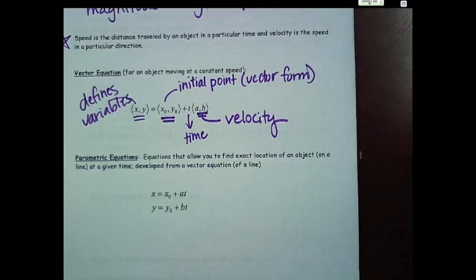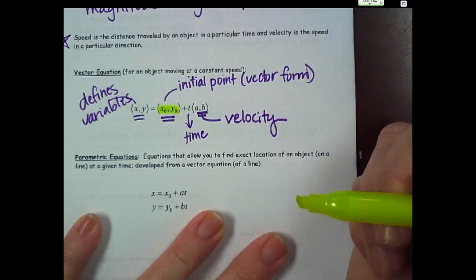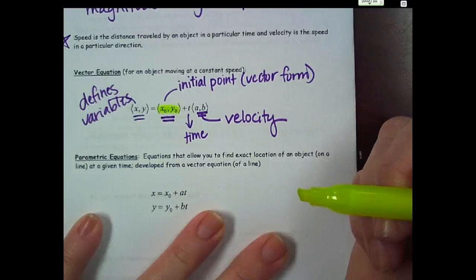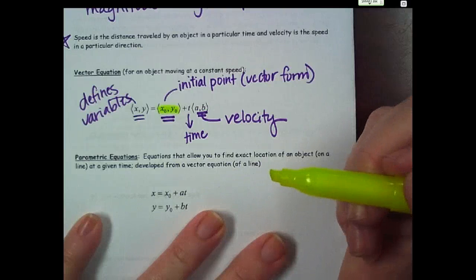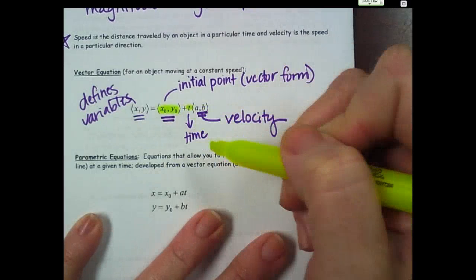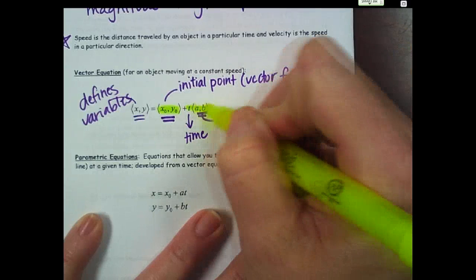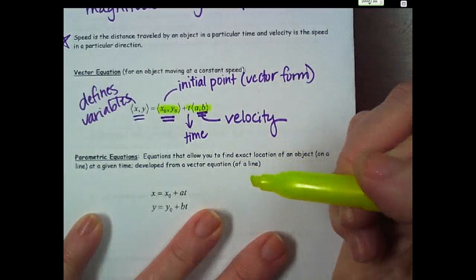So you have it all written down. Let me talk to you again about it now that you have everything identified. If I want to measure where an airplane is, walk through this with me. This first point is where I start. For example, let's say you start at 0, 0. Then this t means how many times you move, and this last point means how much you move.